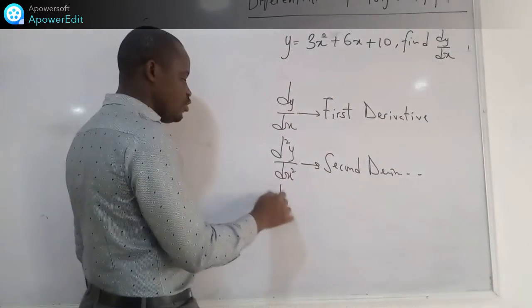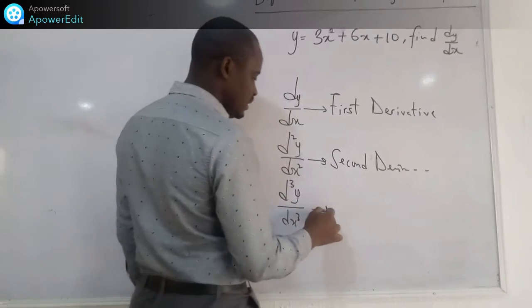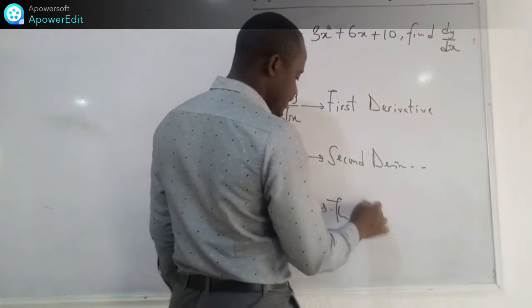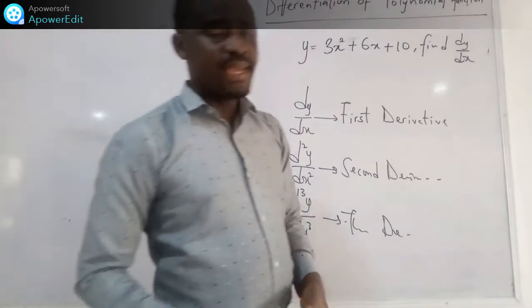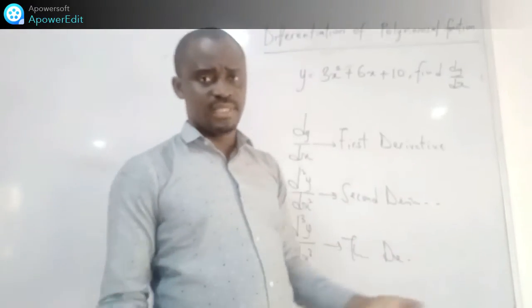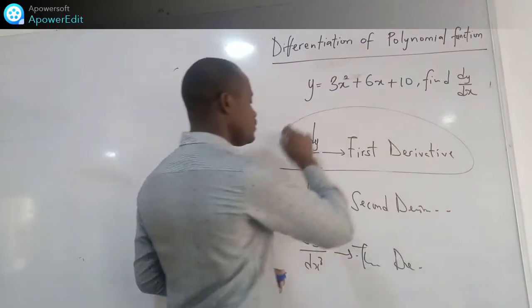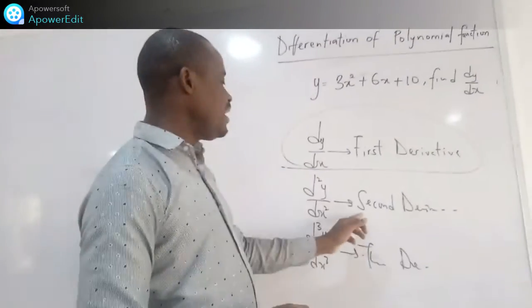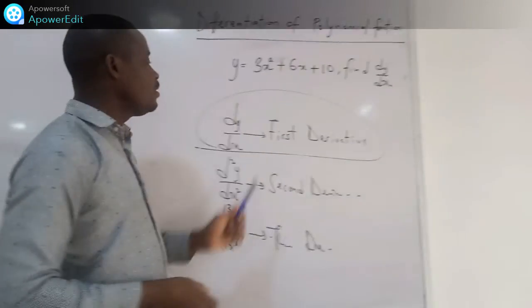When you have d cubed y over dx cubed, that is the third derivative. But majorly, when you are taking JAMB, NECO, this basic secondary school science, it's better you put your focus on this. They will rarely give you questions from the second derivative. Do you agree?